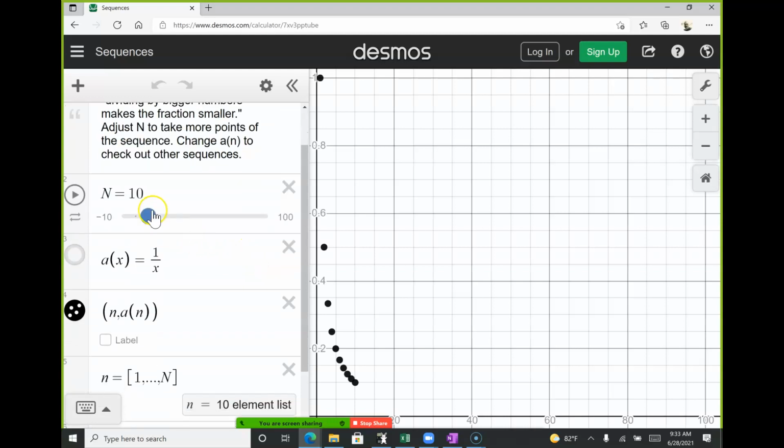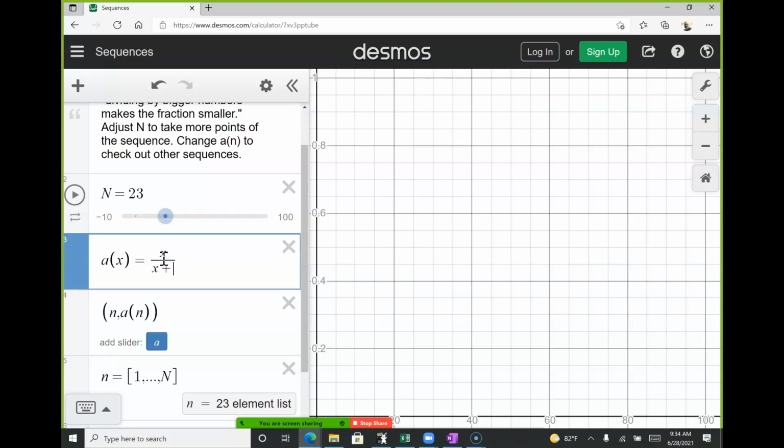So here n is 10, right? And instead of in terms of n, I'm writing it in terms of x, and then I'm plotting those points. So for example, if I change n to 23, you can see it's writing out more of my particular sequence. So what did I have? I had something like n over n plus 1, so I'm writing that as x over x plus 1.